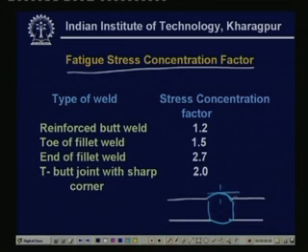Here the thickness is quite large compared to the plate. So, if you consider the force P here, the stress distribution will be somewhat like this. There is a stress concentration factor because of the abrupt change. Therefore, it is advisable to machine this off. We normally do not leave this as it is. One good practice will be to grind it.